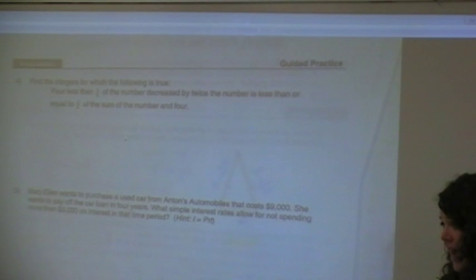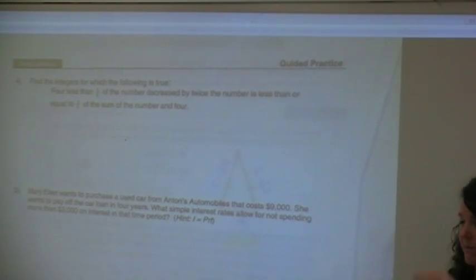4 less than 4/5 of the number decreased by twice the number is less than or equal to 3/5 of the sum of the number and 4. Now, we're just going to translate mathematically. It sounds like a lot, but it's really quite simple. So I have 4 less than.